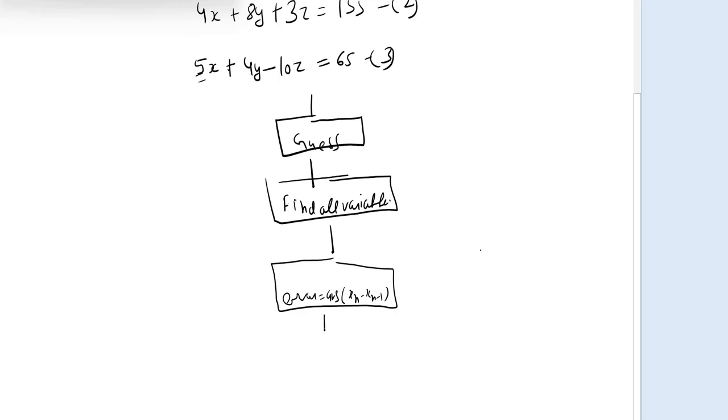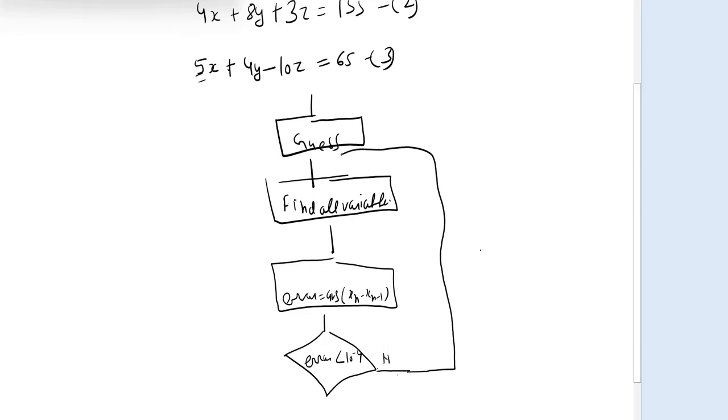Then we will compare that error with the tolerance value, which is 0.0001. If the error is less than this, we stop. If the error is not less than this, then we go back to the earlier step.